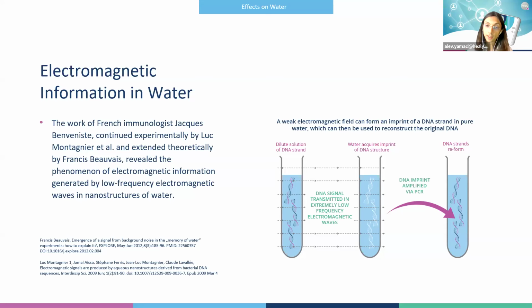And then they remove the DNA and then they basically put in new, let's say, single parts of DNA. And then those DNA strands are reformed. So you amplify this via PCR, and you get the same DNA as you put in, but there was no DNA, there's just the information remaining. And those very, let's say, special effects are possible with water.